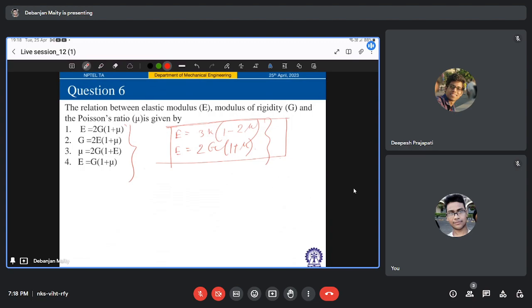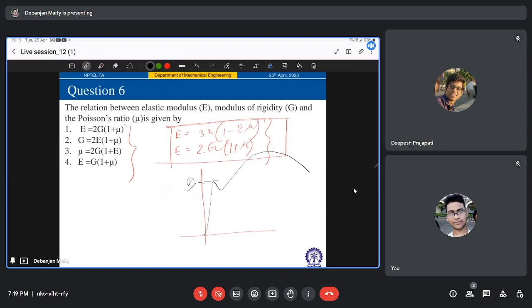Now, if we talk about this stress strain diagram, of course you have come across it. Here you have the point of yielding. Sorry, I'm moving a little fast. So this is your stress strain diagram, right?